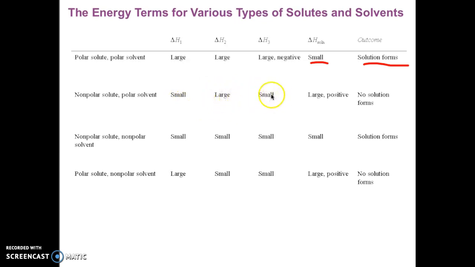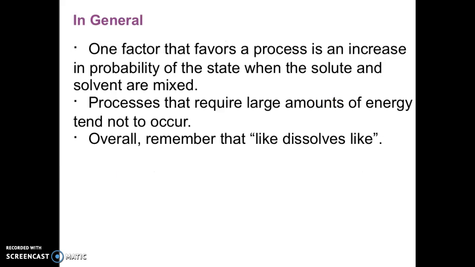The mixing isn't going to want to be very large because you're mixing a polar and nonpolar solvent, and that is very large, so no solution forms. So through these scenarios, you can see the role of the delta H solution and how that value is determined and whether or not the solution types with that solvent will indeed happen.